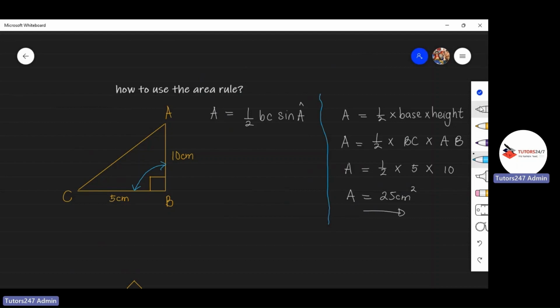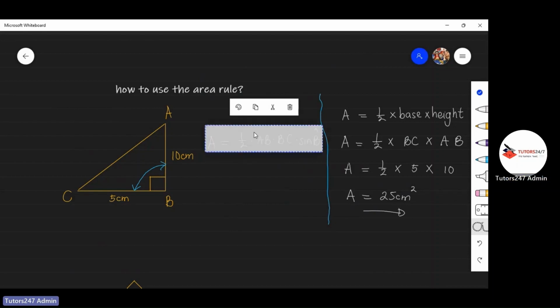So I'm going to rewrite my formula so that it matches the triangle we are using. Area will be equal to a half times AB times BC times sine of angle B. I'll erase this top formula over here and move this slightly to the top so that we can get some space.